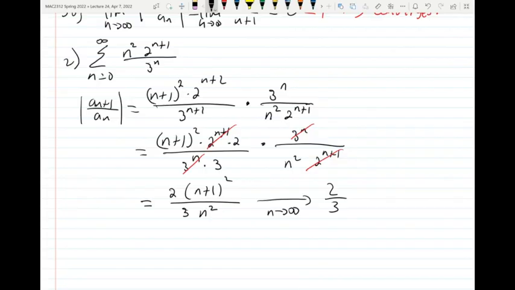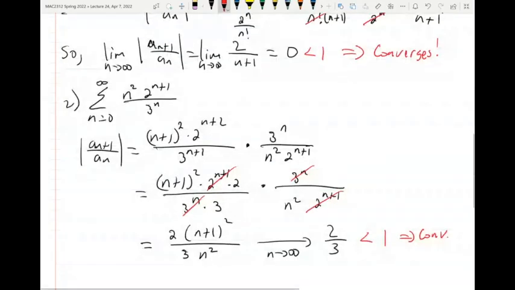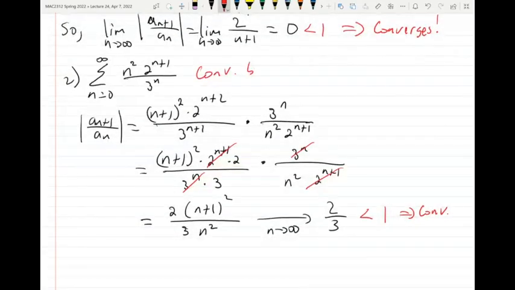Or you can do L'Hopital's rule, whatever you want. The point is that you're going to get 2 over 3. Once again, less than 1, what can we deduce? Convergence. Okay? So it converges by the ratio test. Do you understand this?